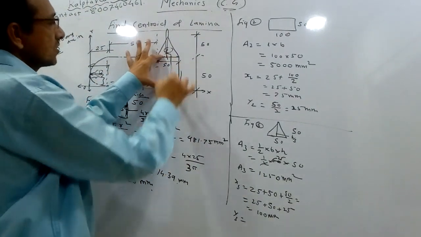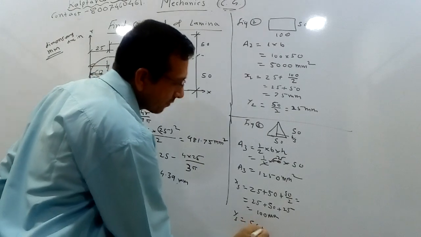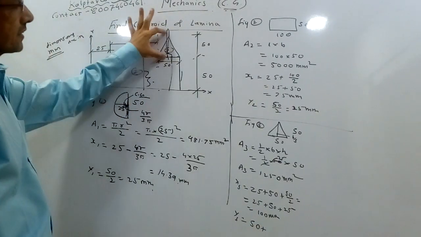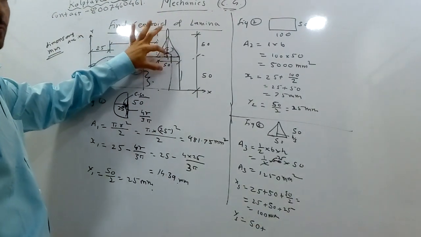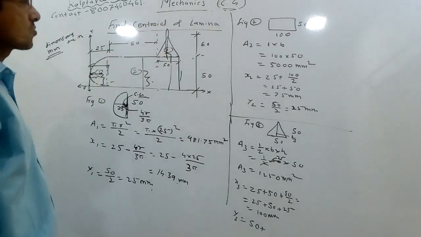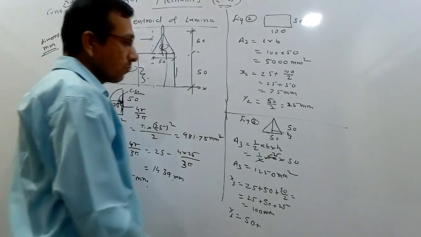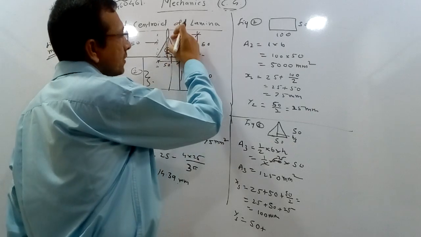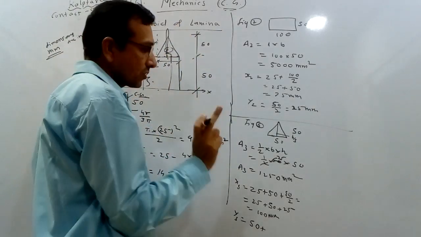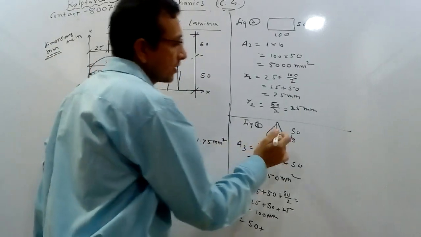Now for y3, distance from x-axis. So this distance is 50. Distance from x-axis, so 50 plus at a distance of h by 3 from base. Two h by 3 from apex is the formula for CG of a triangle, so it is h by 3 from base.